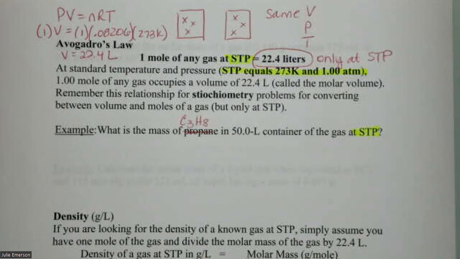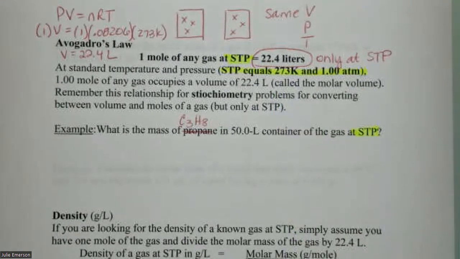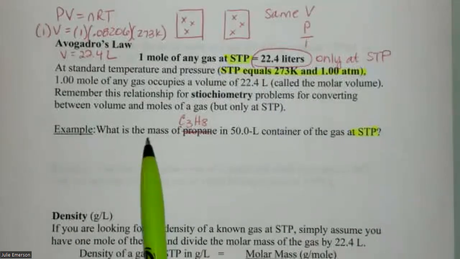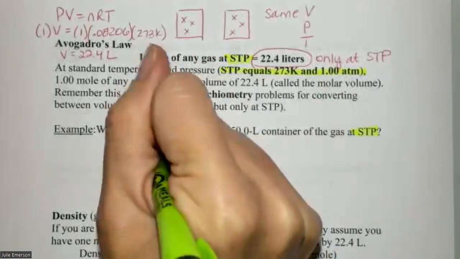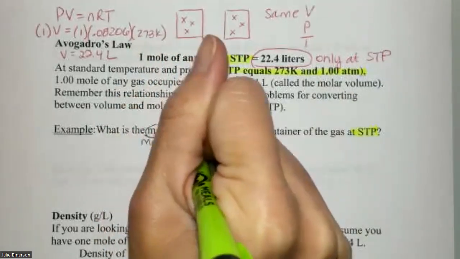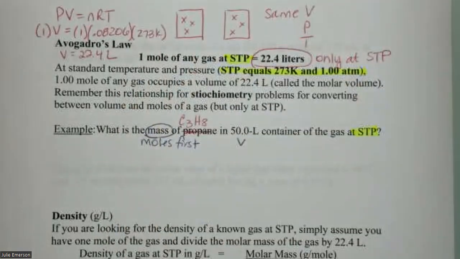If you want to memorize the 22.4, go for it. If you don't want to memorize it because you hate memorizing things, you don't need to. If we're looking for mass, we can get moles first, like we talked about on the last example. We've got our volume of 50.0 liters.